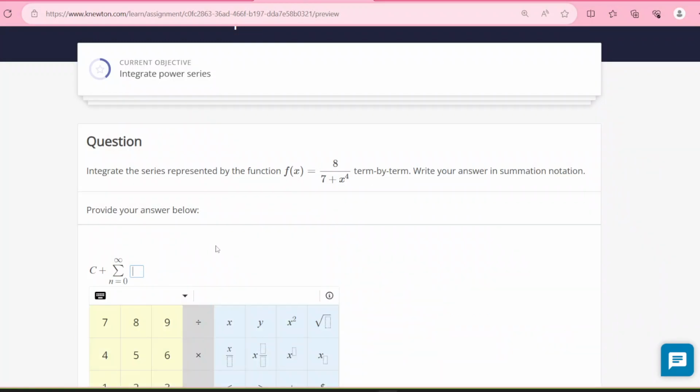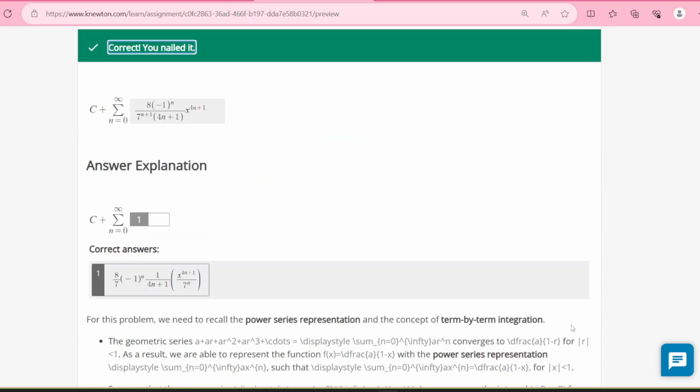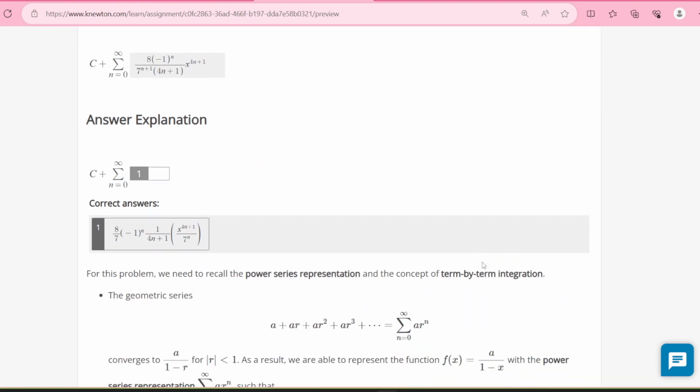So we have our constant multiples, 8 times negative 1 to the nth divided by 7 to the n plus 1 power times the quantity 4n plus 1. And then your powers of x here are x to the 4n plus 1 power. That's what the series would look like for the integral of that function. Great.